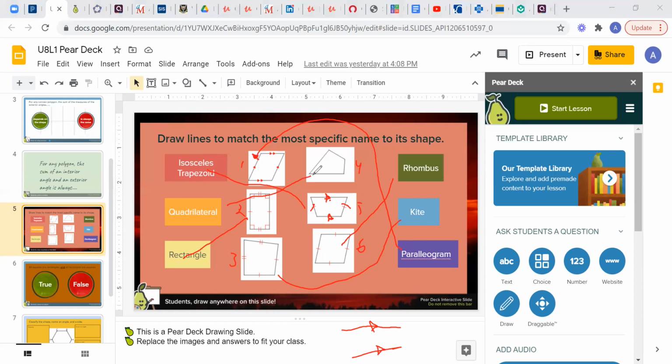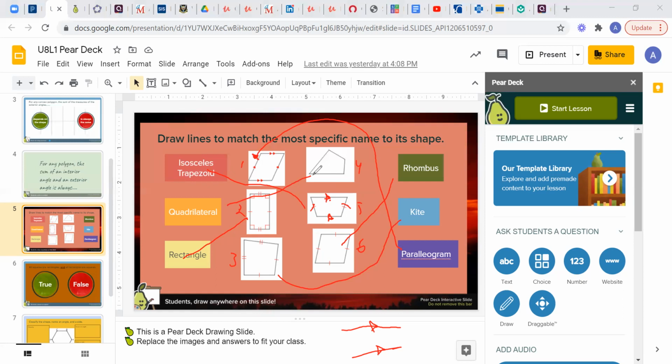Even the rectangle is also an isosceles trapezoid because at least two sides are parallel and then two sides are equal. But the least that could represent the isosceles trapezoid here is number 5 because it has all the characteristics it could hold.